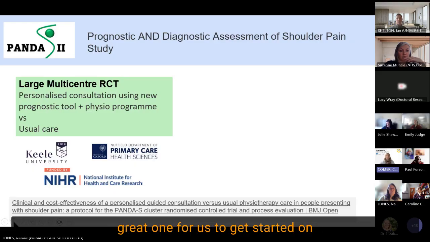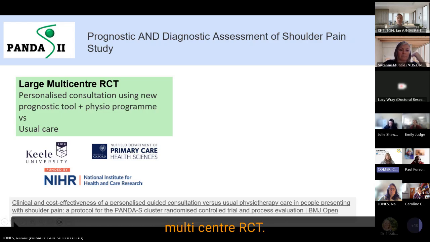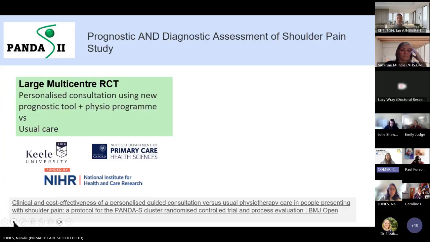And I thought this would be a great one for us to get started on because it's a big study, and it's comparing the use of a new prognostic tool which helps to talk to the patients about what's expected to happen in their journey, along with physiotherapy, and that's being compared to usual care. As I say, this is a big multi-centre RCT. It's funded by the NIHR, so it's a high quality study, and it's primarily being led by the University of Keele. Next slide, please, Nat.